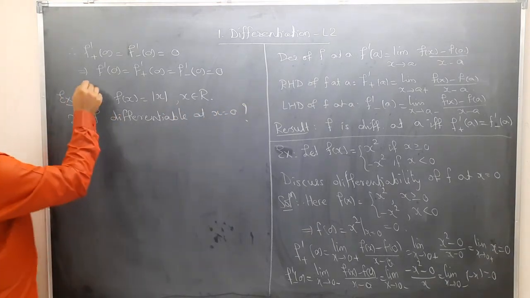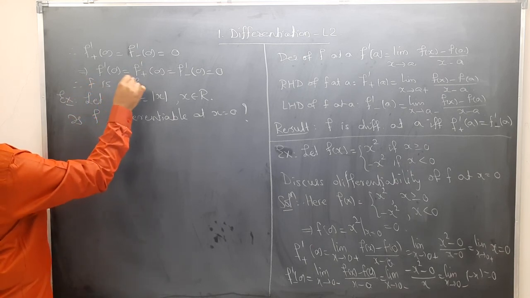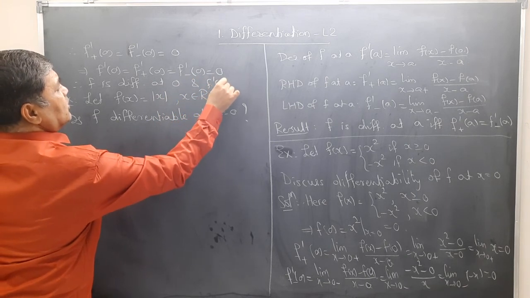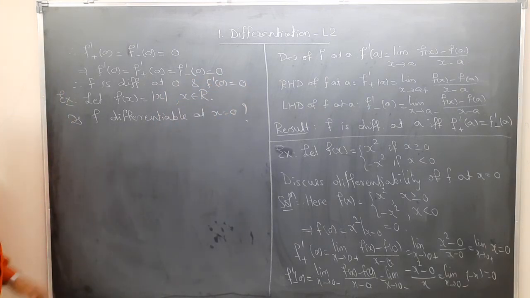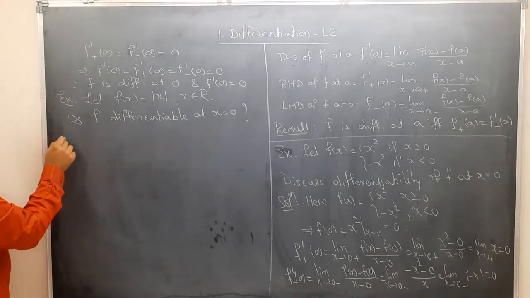So what does this imply? Therefore f is differentiable at 0 and f dash 0 is 0. Okay. Next example is f(x) equal to mod x. Okay. So solution.